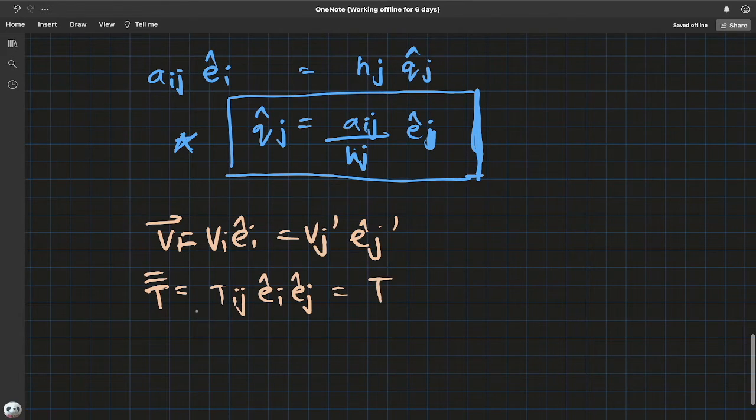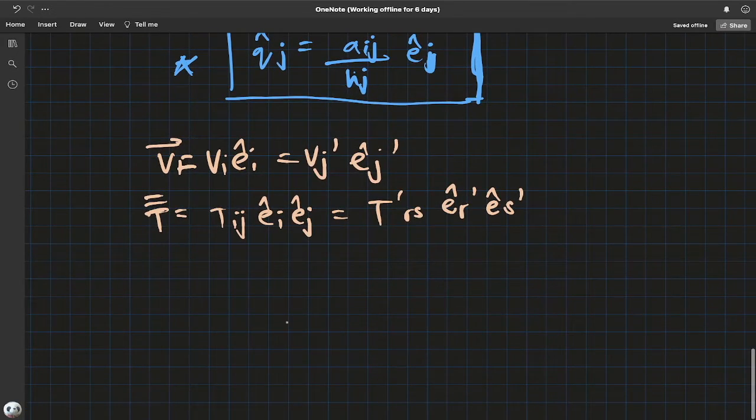We have the same tensor expressed in a different, primed system, so t prime sub rs e sub r prime tensor e sub s prime. Do the dot product with, say, e sub l hat, which is a basis vector of the unprimed system.